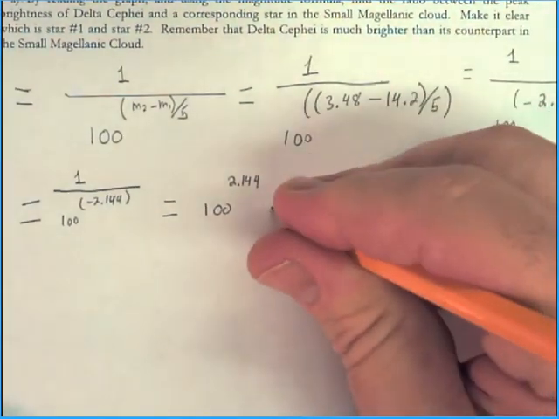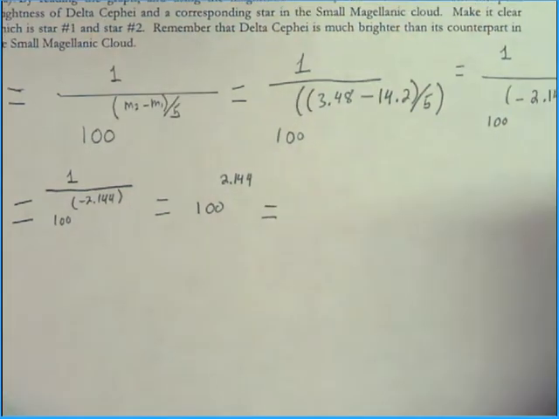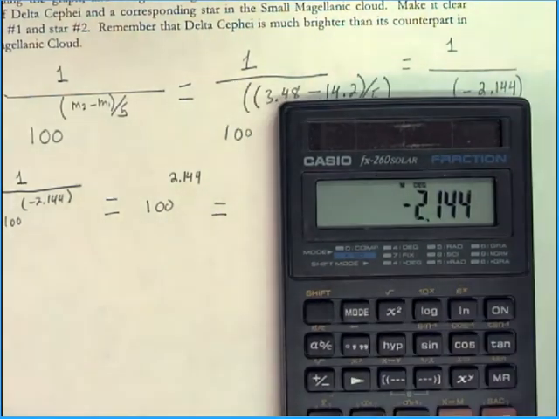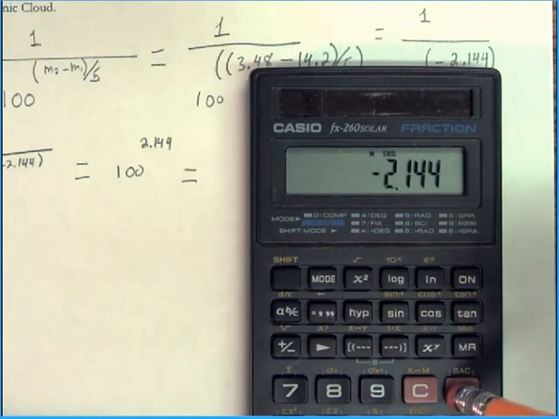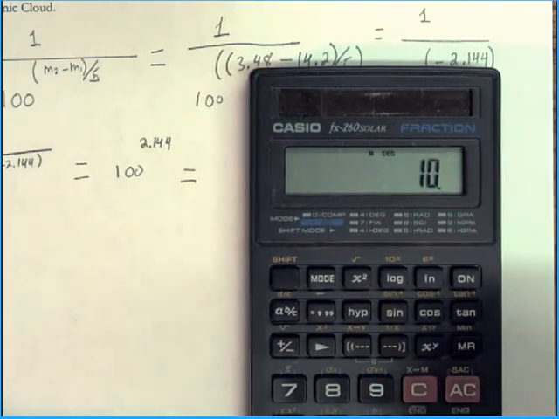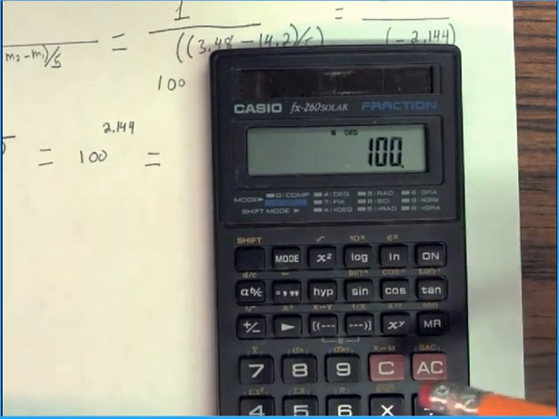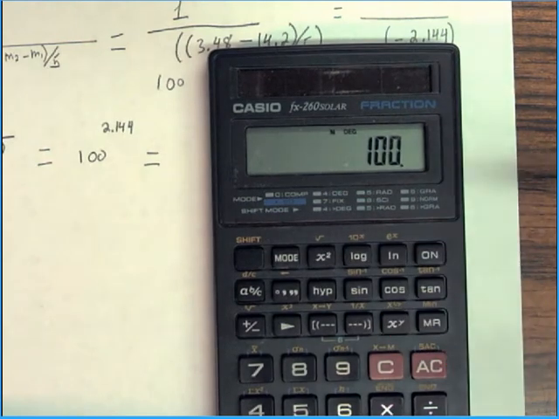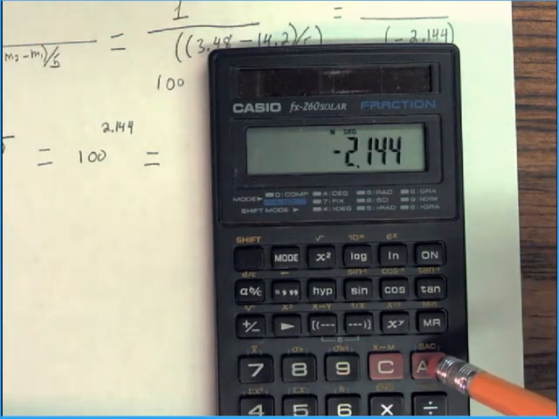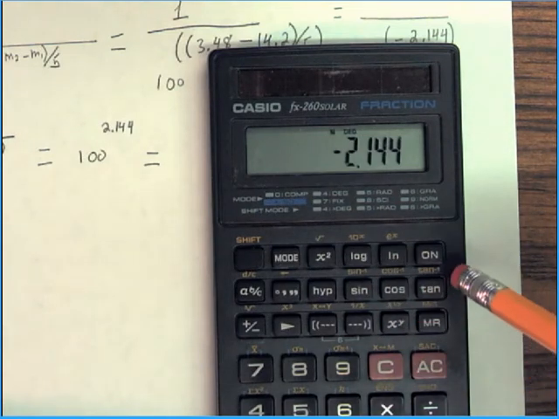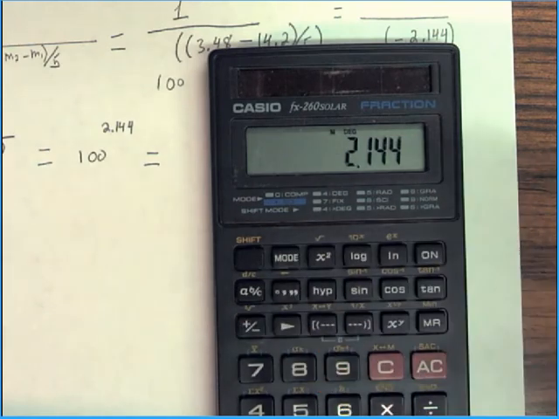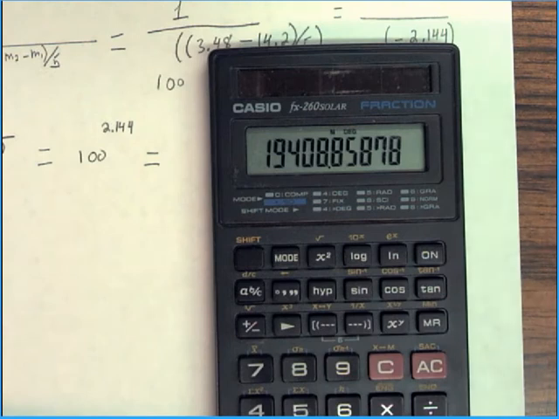So that's going to be equal to, well, let's pick up our calculator. So I'm going to clear, I'm going to say 100, I'm going to hit x to the y, and then I'm going to put in my 2.144 equals.